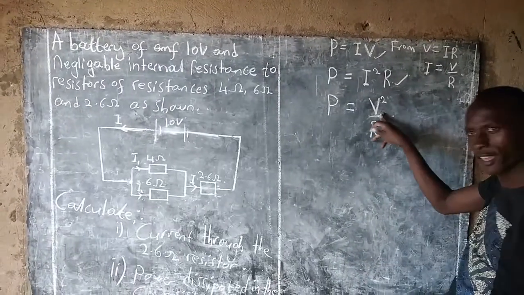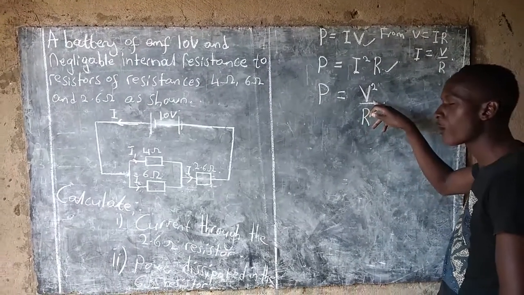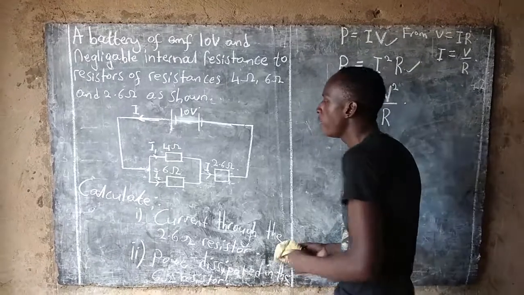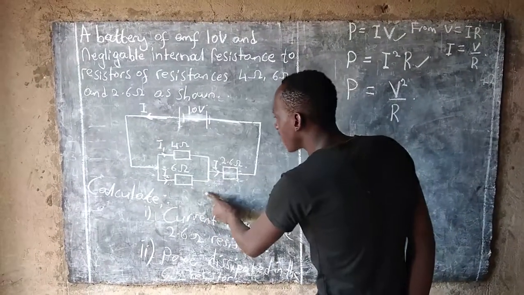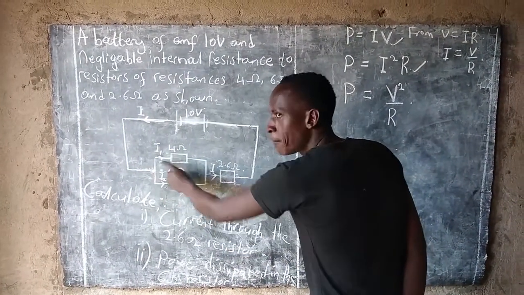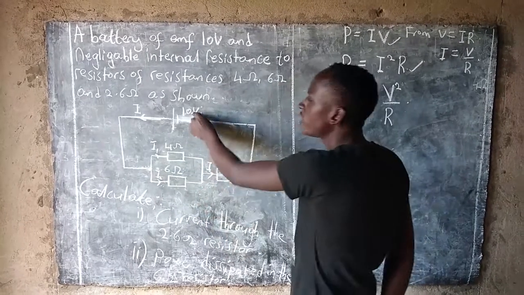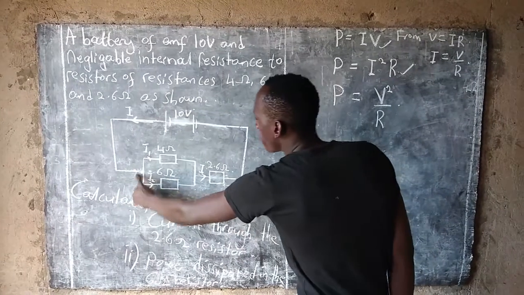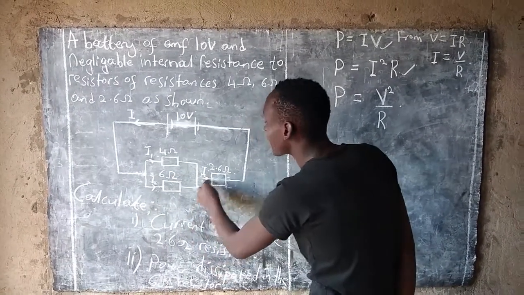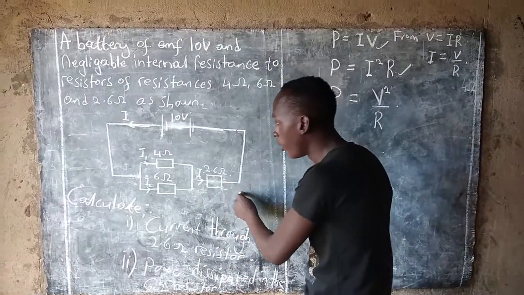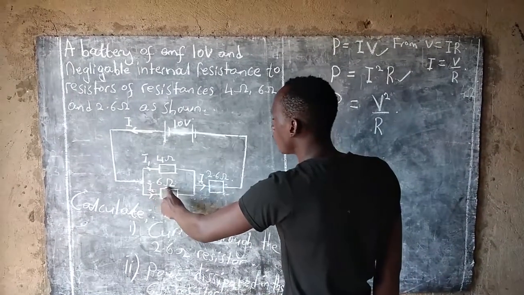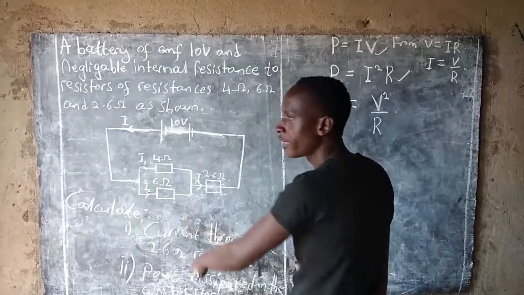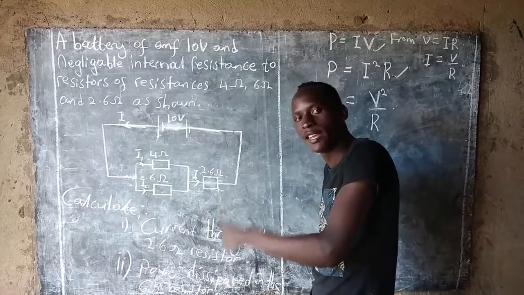For V, again, the PD across the 6 ohm resistor is the PD across the parallel combination. It is not the EMF of the cell, because the PD across the parallel is always different from the other component. The 4 ohm and the 6 ohm have one thing in common, and that is the PD across them.